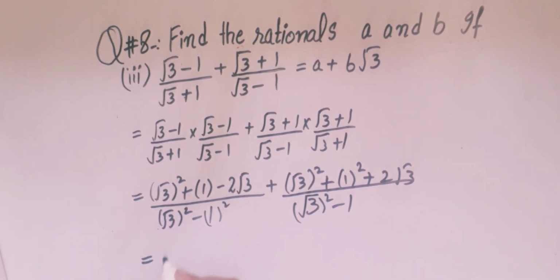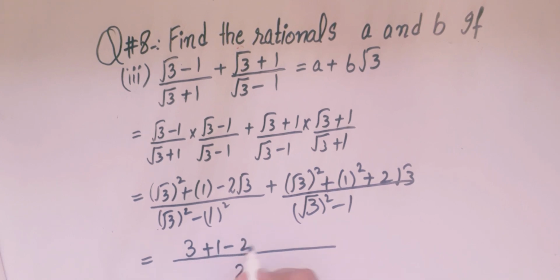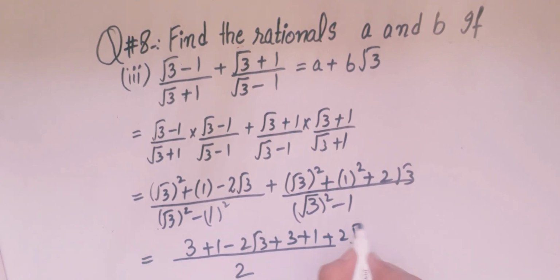So we have 3 minus 1 is 2. So we have LCM of 2. We have 3 plus 1 minus 2 square root of 3 plus 3 plus 1 plus 2 square root of 3.